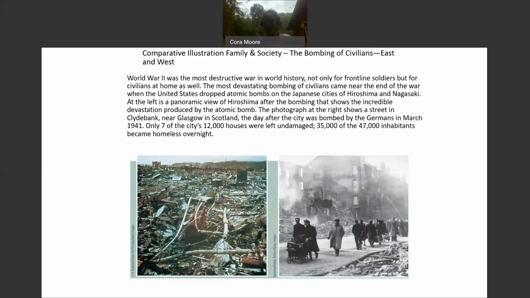So we see that whether it was the atomic bomb or the blitzkrieg that Germany enacted upon the British Isles, just lots of devastation. And you can definitely feel a sense with the people in that picture of the heaviness of the destruction, and probably the confusion and the sadness and the fear.